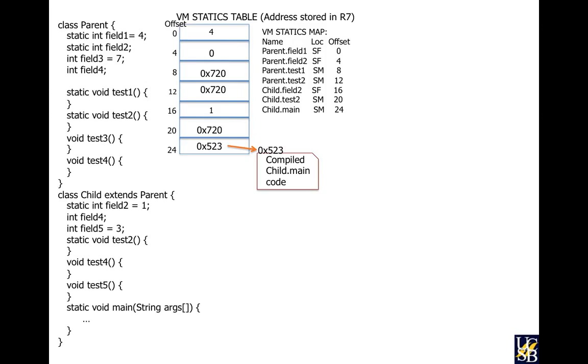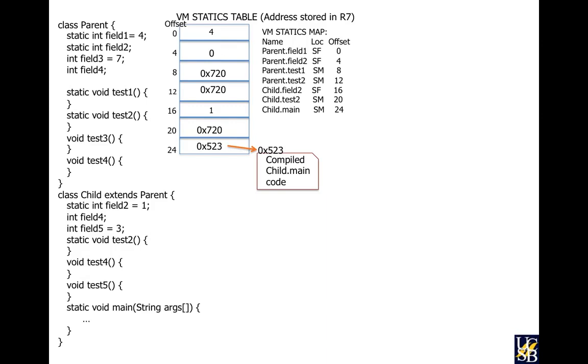Okay, so we've loaded class child. That triggered the loading of class parent, and we put all things static from parent into the statics table. We then do the exact same thing for child. We added to the statics table field 2, method test2, and method main.